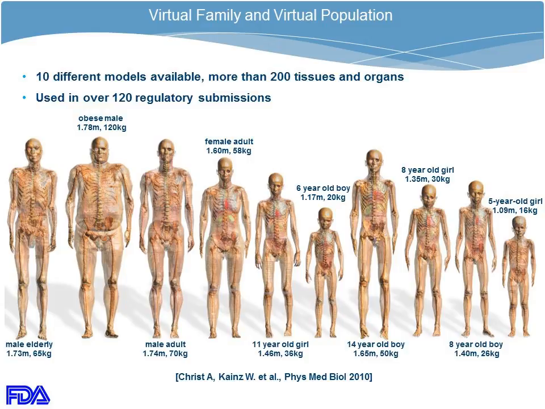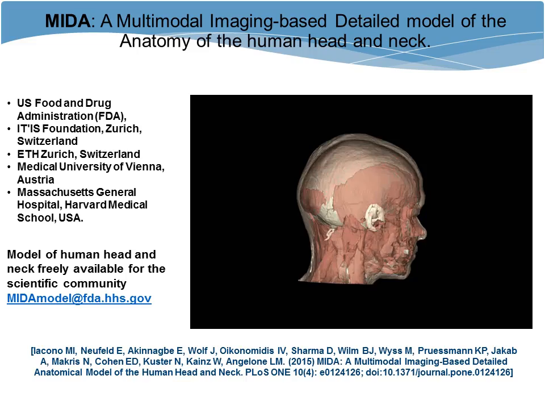And along that line, more recently, we have done a project, still in collaboration with the IT'IS Foundation, with Mass General Hospital, and with the University of Vienna, where we collected MRI data of a volunteer, and we developed a numerical model of a human head, which is what we call the MIDA model.